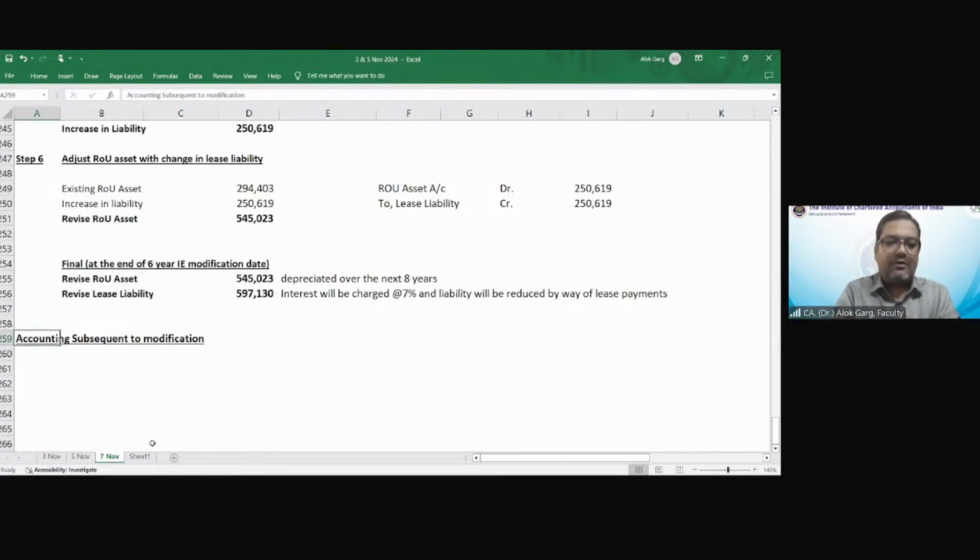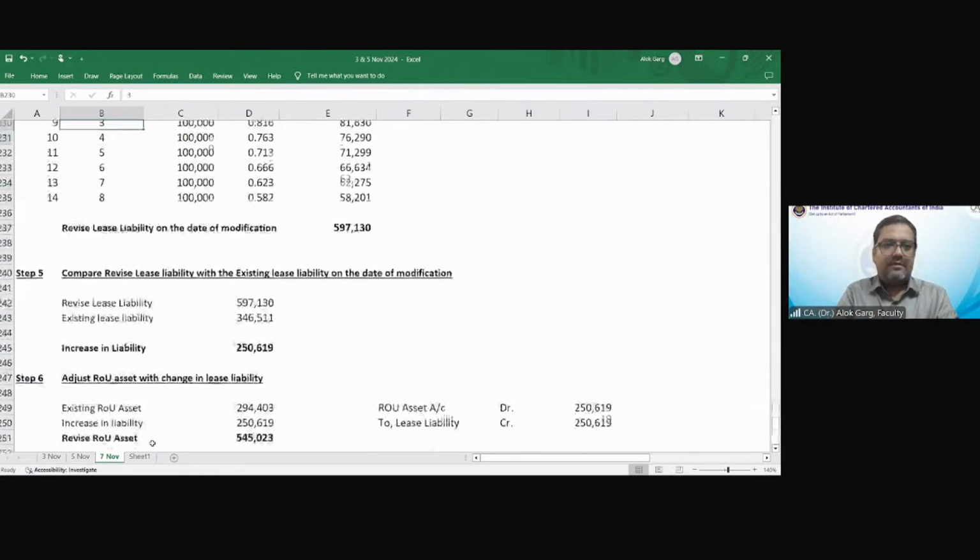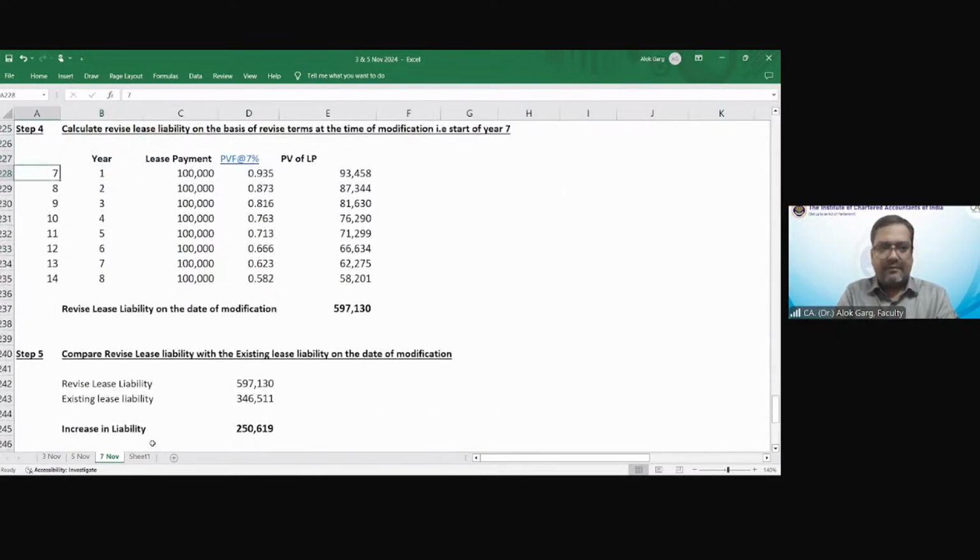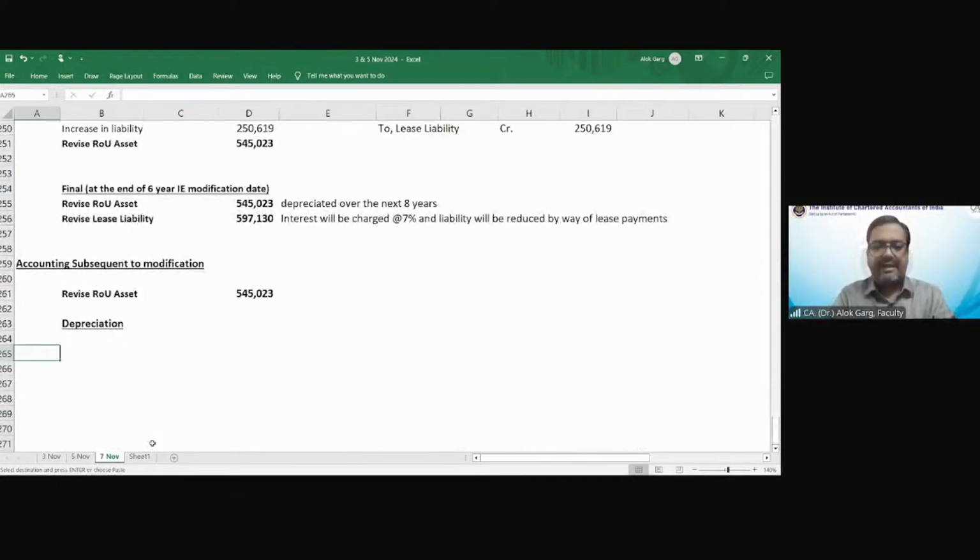Accounting subsequent to modification. Revised ROU asset. This revised ROU asset will be depreciated. This depreciation will be over the next 8 years.